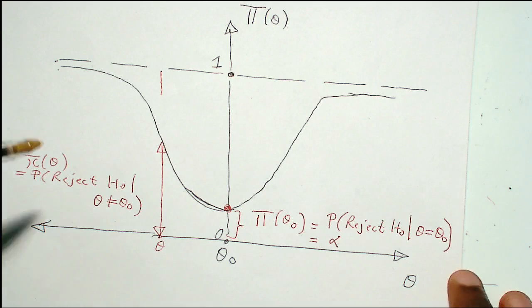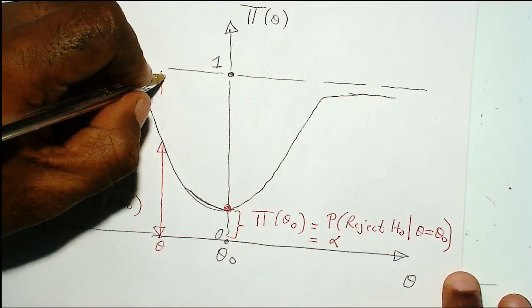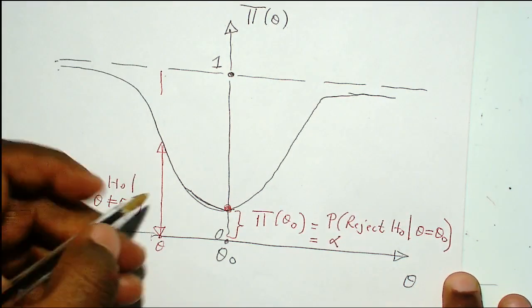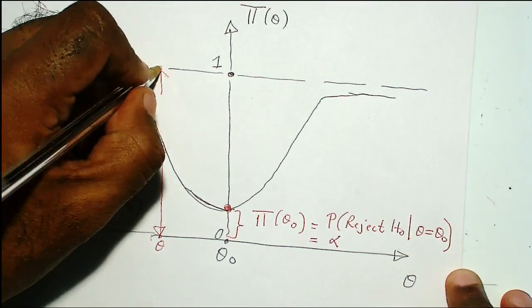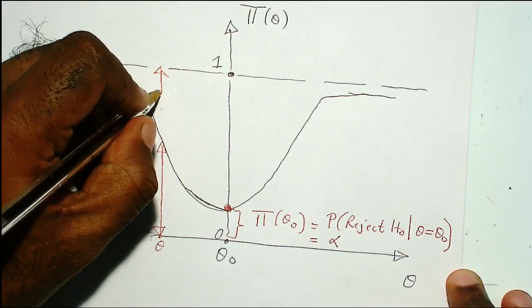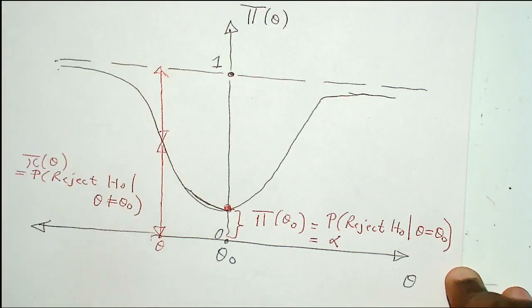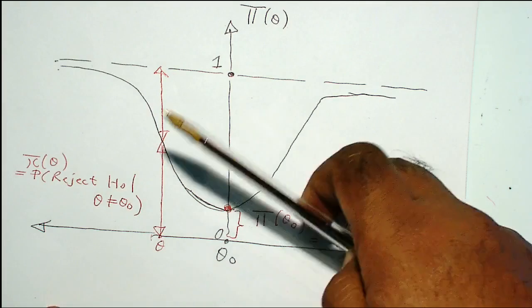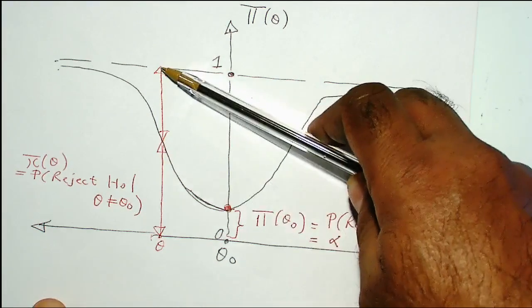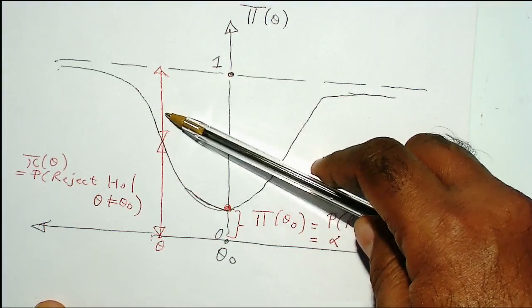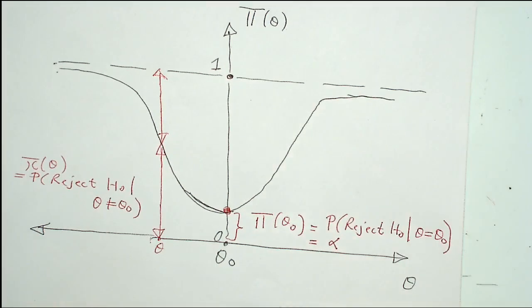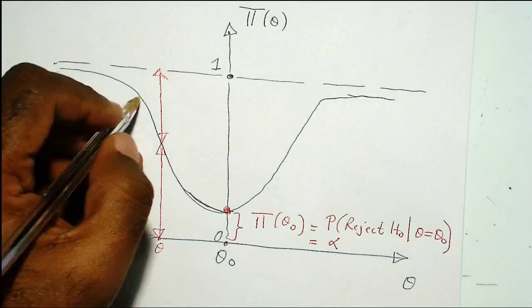Now, if I ask you, if this distance is the probability that you reject H0 when theta is not equal to theta 0, then the distance from this to the top level, which is 1, what would this be equal to, guys?